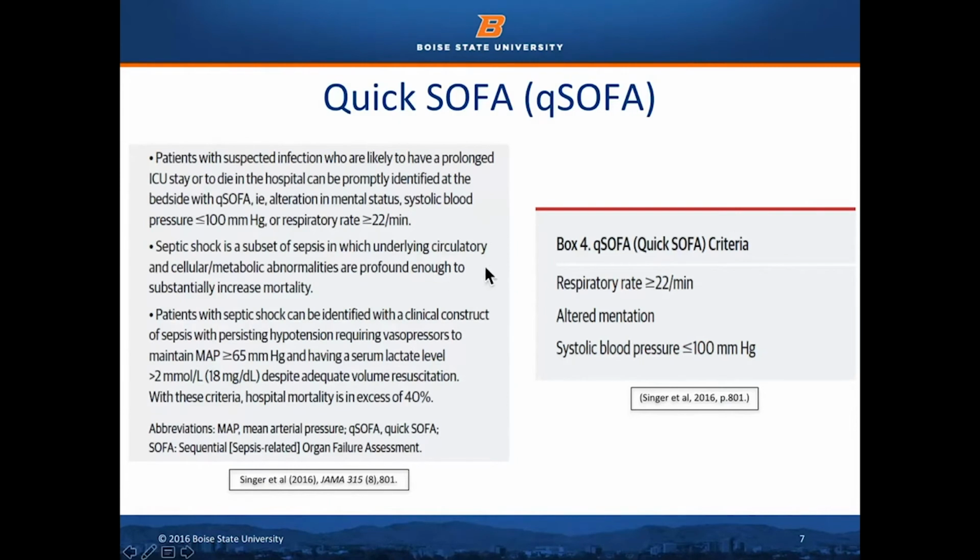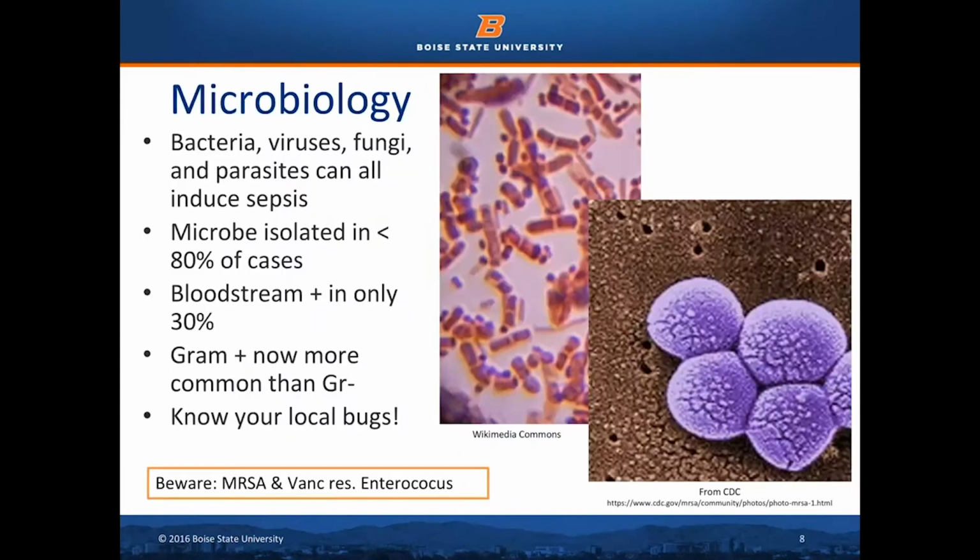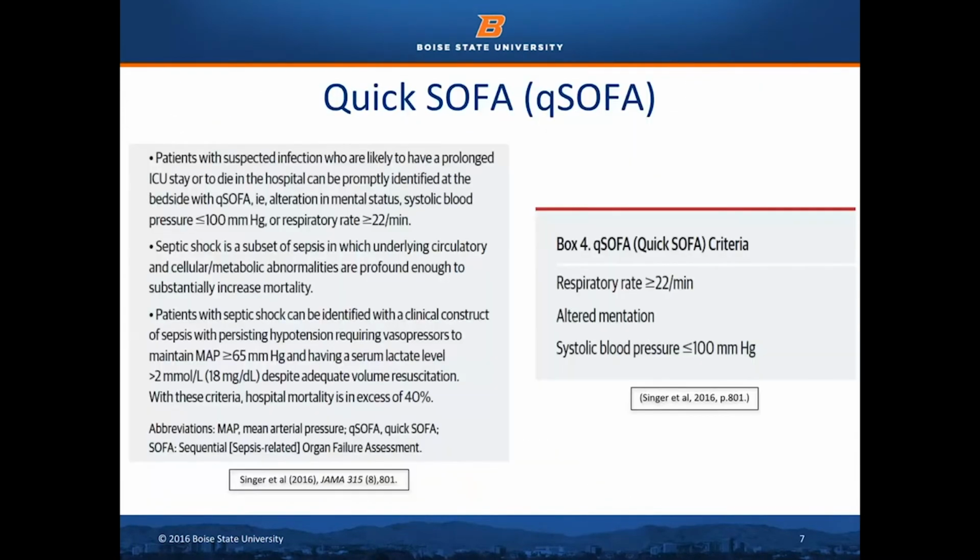So the quick SOFA, and this is obviously because the last scale is pretty complicated, right? And when you're on a rapid response team, you want something that you can remember and quickly use to assess. So the quick SOFA has to do with the respiratory rate, and that really reflects the impact of sepsis on the lung.